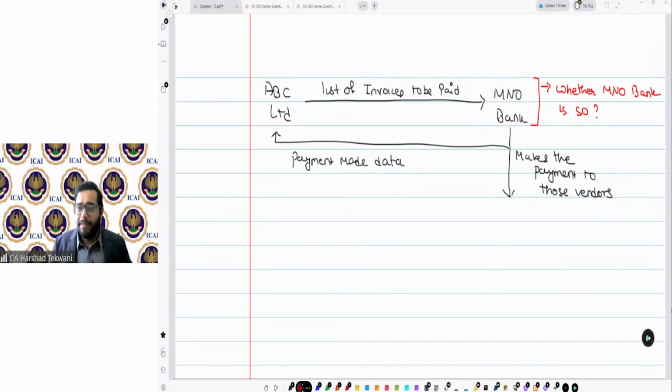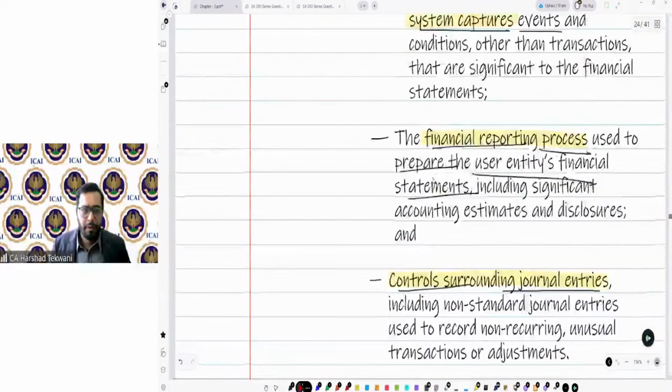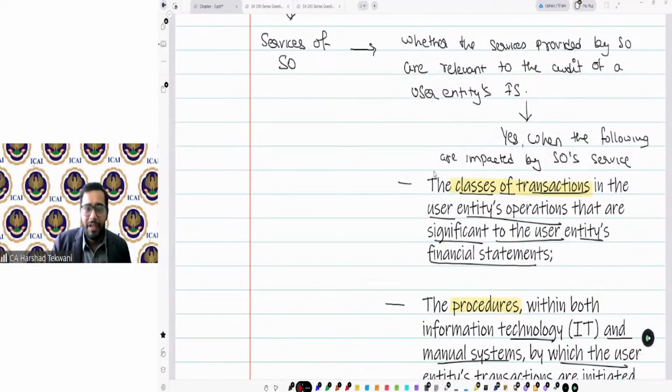The criteria were that if the service organization's services impact classes of transaction in the user entity's operations that are significant to the user entity's financial statement, then yes, that is material for me, and I need to cover that service organization.